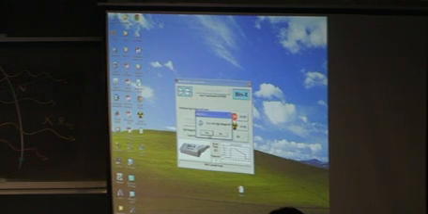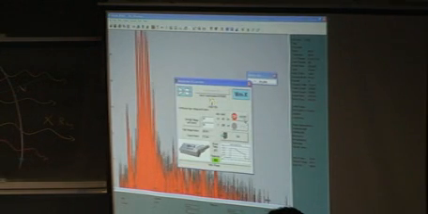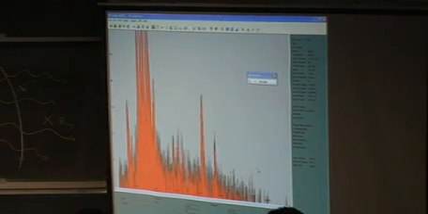Turn on. Since it's very high voltage, it asks me again for confirmation. Alright, I've turned off the supply and I've obtained this spectrum.